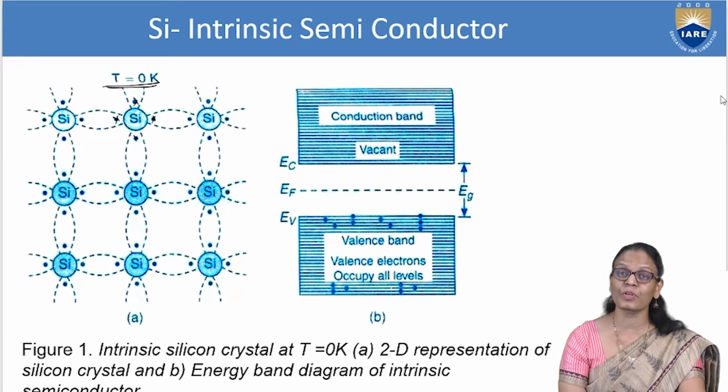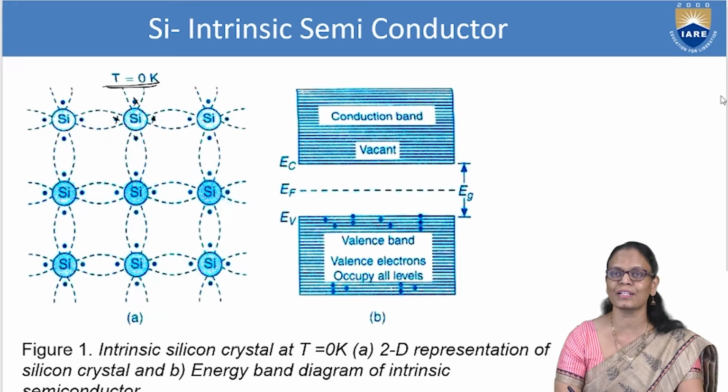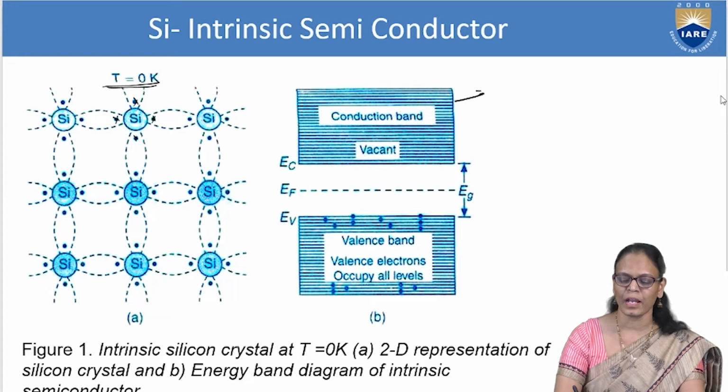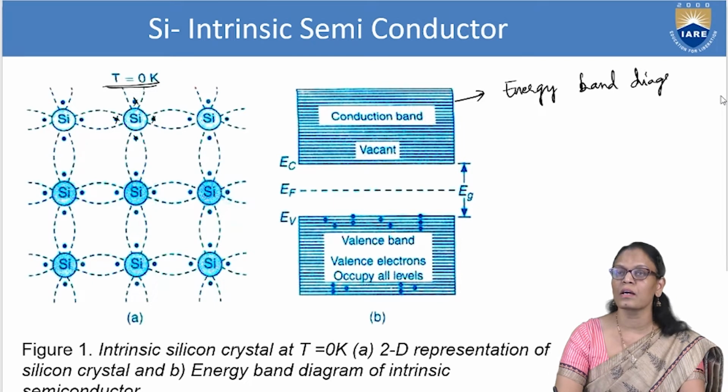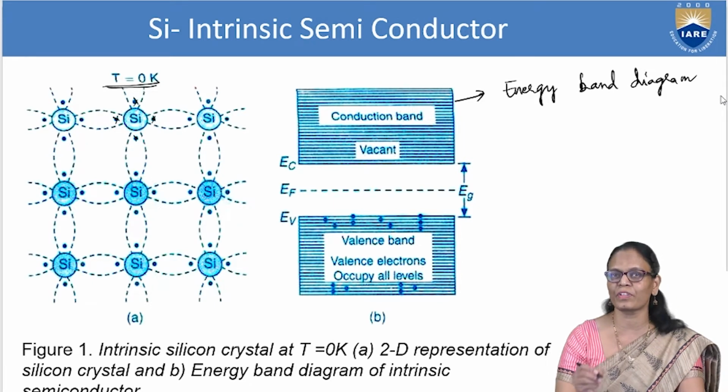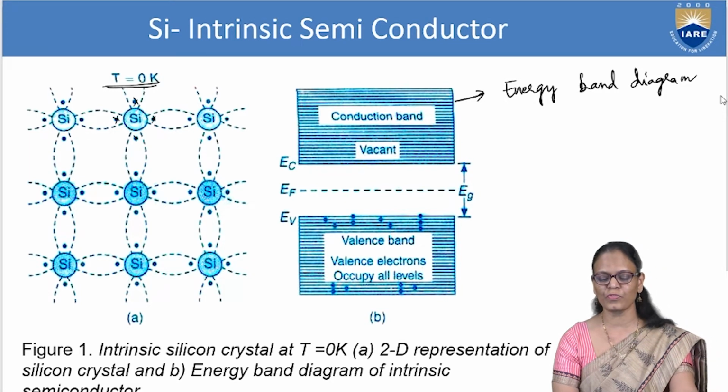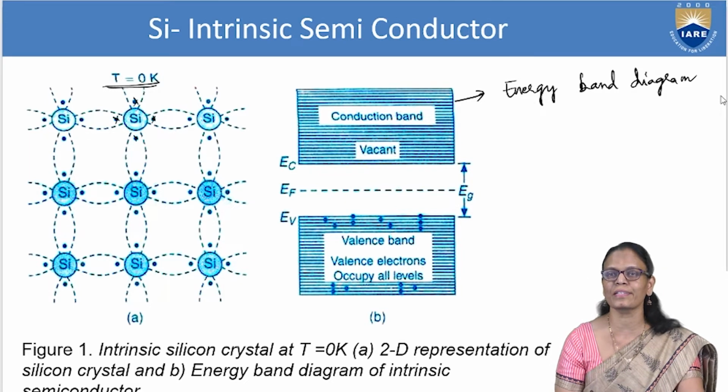Now, if I have to represent the same thing on the energy band diagram, this is the energy band diagram for an intrinsic semiconductor, that is, a pure semiconductor. We have taken silicon here. If you see, the valence band is full, there are electrons in all the levels in the valence band.